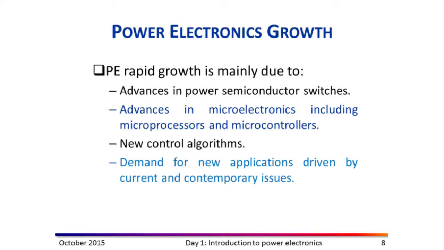Also, there is microelectronics, including the microprocessor and microcontroller, because we need to switch those on and off. So there are advances nowadays on that. Even if you are interested in electronics, you can do those switches with different techniques instead of only analog ones. You can do it with microcontrollers, and now with DSPs.